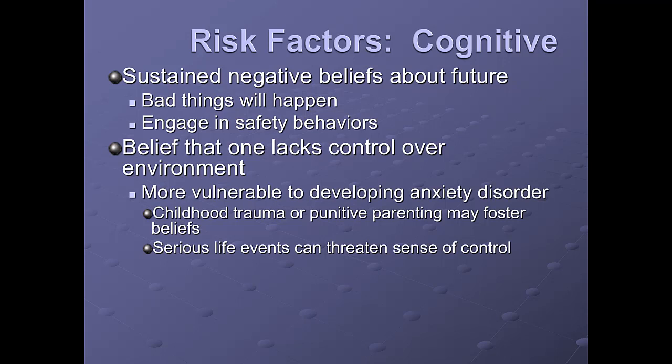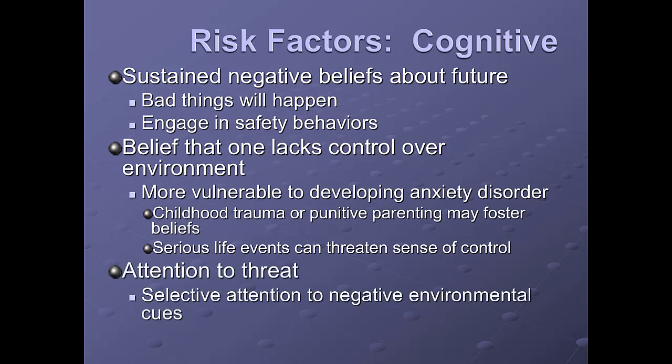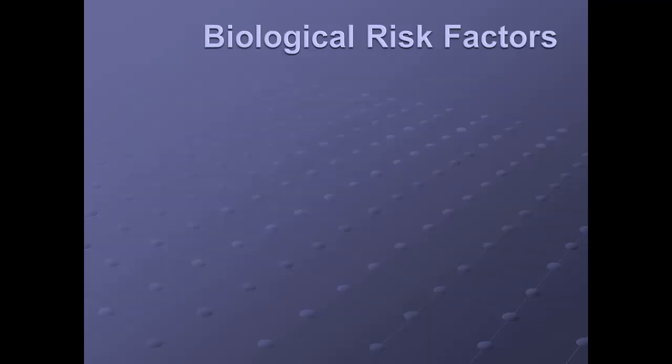People that are predisposed to developing anxiety disorder have a tendency to be very selectively attentive to negative environmental cues. They're really attuned to paying attention to anything that could be perceived as negative or any potential threat in that environment.